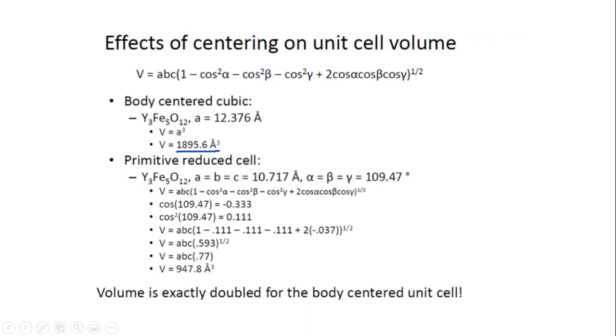In the primitive reduced cell it's 947. And so you'll notice that the volume is exactly double for the body centered cubic cell, and that's because body centered has 2 lattice points, primitive has 1 lattice point. So since you doubled the number of lattice points, you're going to double the unit cell.